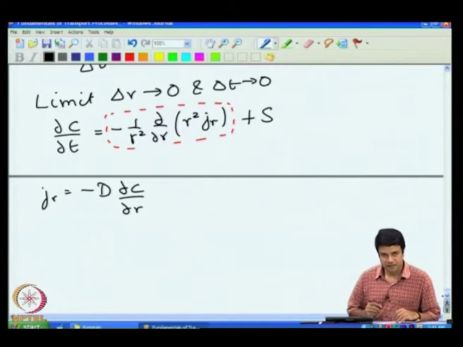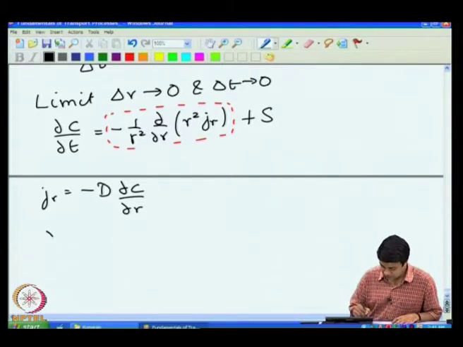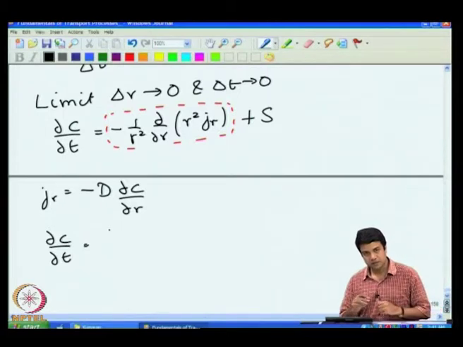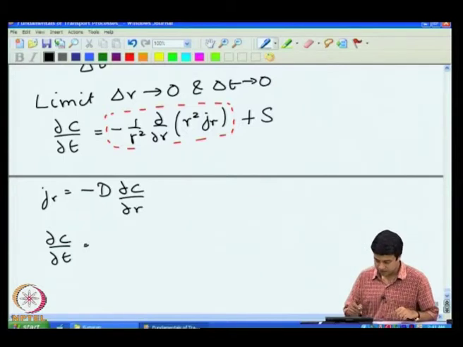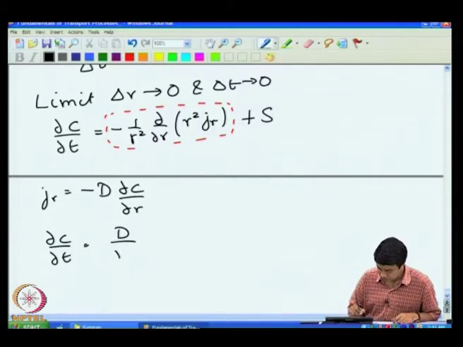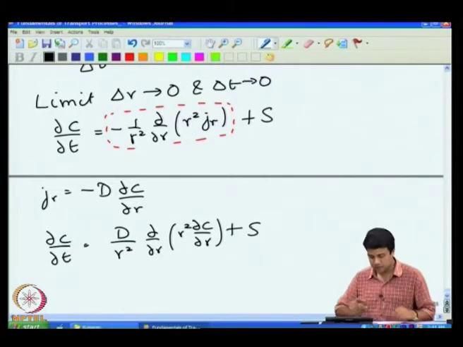So, once I put this in, I will get dc by dt is equal to, I will assume here that the diffusion coefficient is independent of position, D times 1 over r square d by dr of r square dc by dr, plus any sources or sinks.